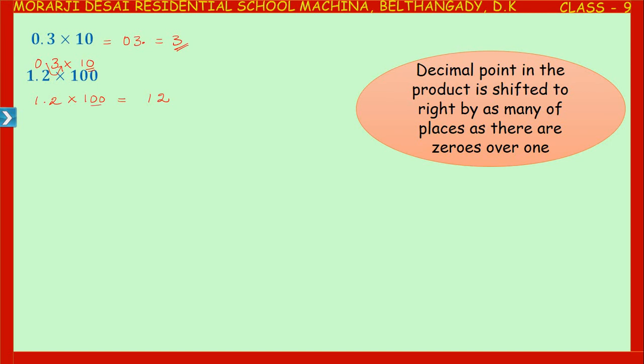Here there are two zeros, so the point has to be moved two steps forward. The point is here now, so one step. Now there are no digits, so put 0. So the point has to be moved here. That is 120. There are no digits after the decimal point, so no need of putting the point here. That is 120.